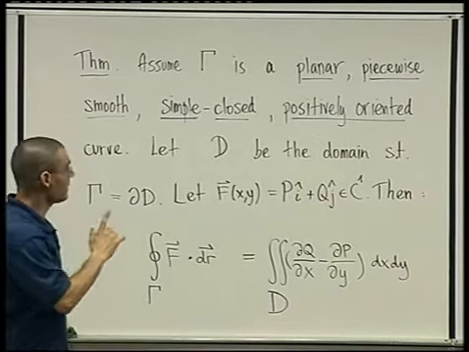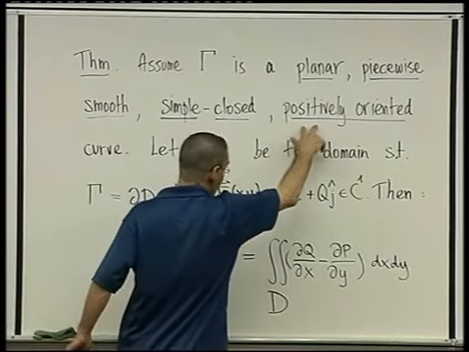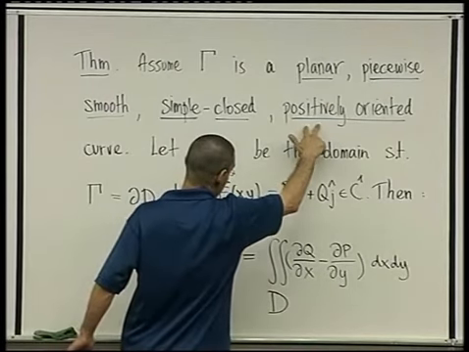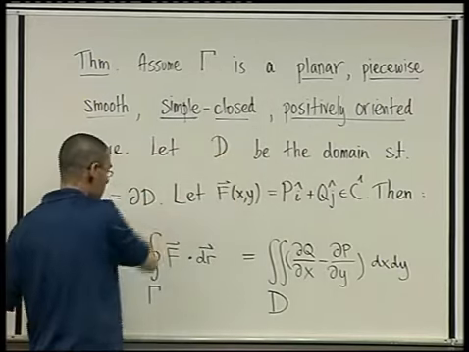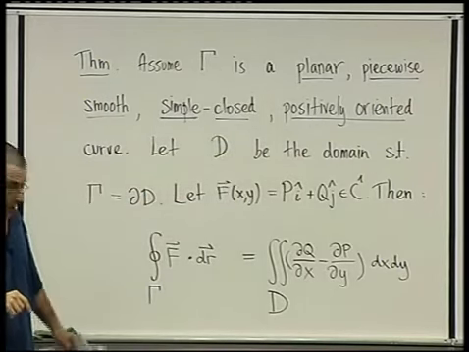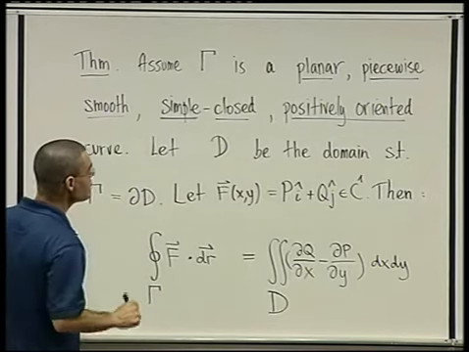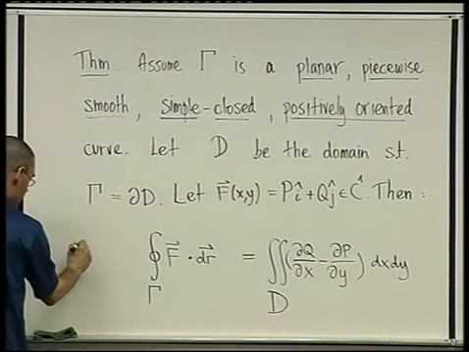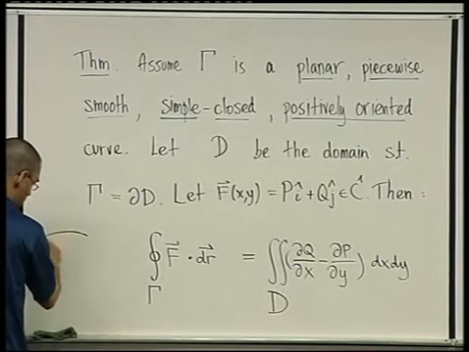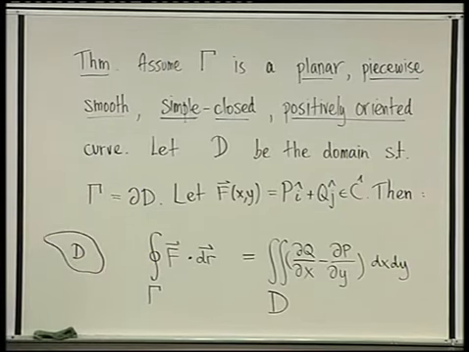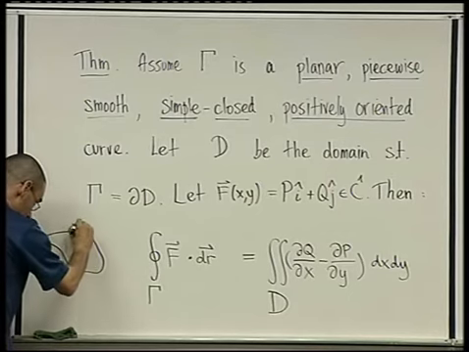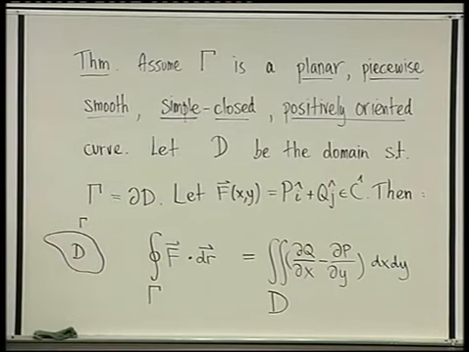But the point is that this positively oriented relates between the curve and the domain for which the curve is a boundary. Okay? So if you just think, let's draw some abstract domain. Suppose this is D. And then the curve surrounding it is gamma, right? That's the boundary of D, right?